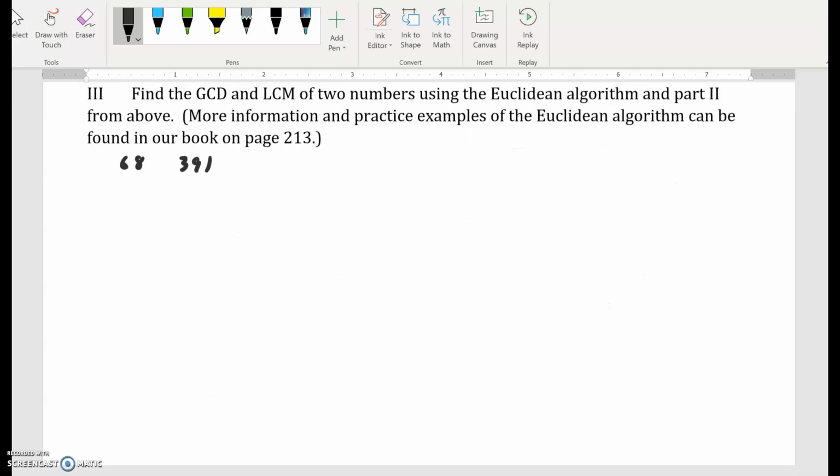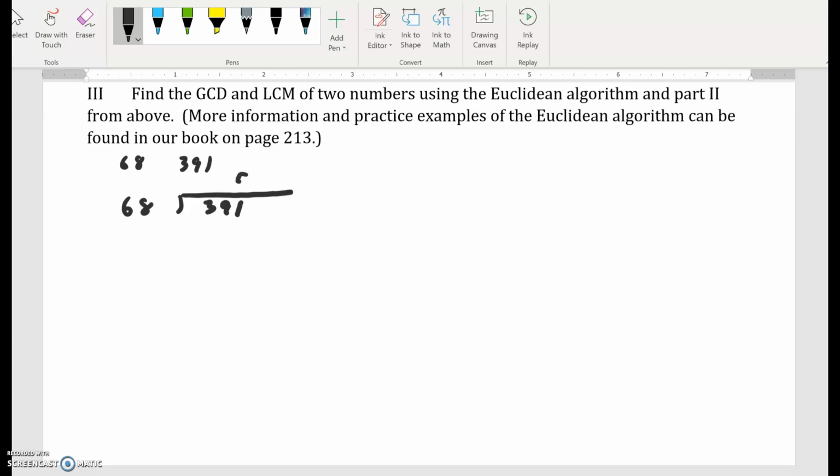So our plan is to find the GCD of these two numbers not by using their prime factorizations, but by using the Euclidean algorithm. The Euclidean algorithm says if you're trying to find the greatest common divisor of two numbers, divide the smaller into the larger, see how many times it goes.